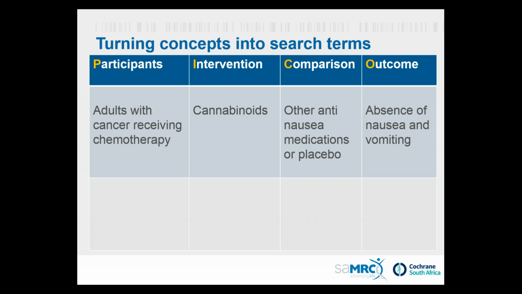For our interventions, I will show you what my search terms are that we're going to be using in the next slide. But for now, I'd like to ask you to give me the terms for our intervention. Cannabis, cannabinoids.